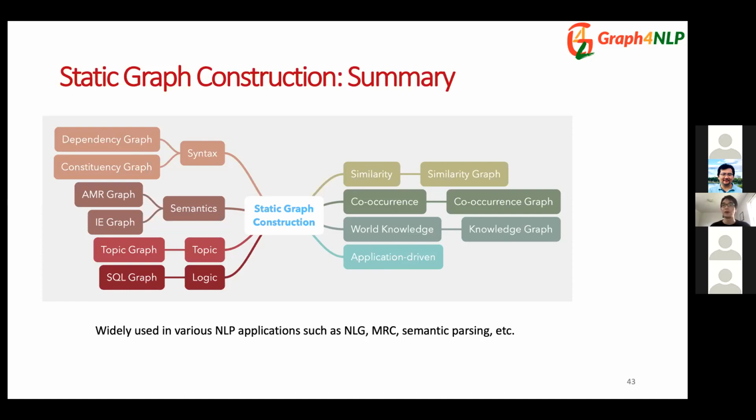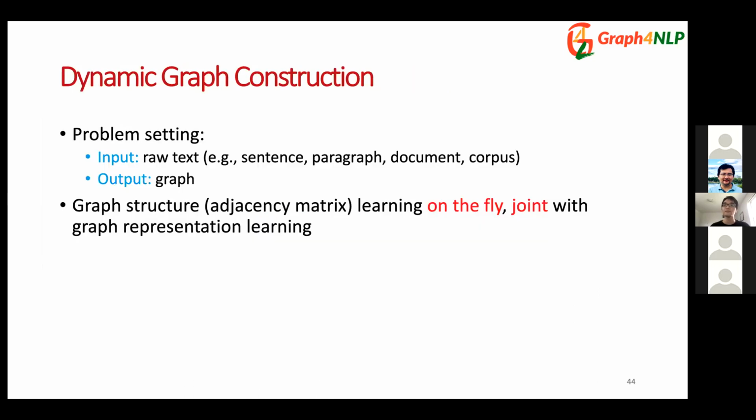For each type of domain knowledge, there are various types of graphs we can construct, which usually depend on the specific downstream application task. As we will see in the application part of this tutorial, these static graph construction approaches are widely used in various NLP applications, such as information extraction, machine reading comprehension, natural language generation, text clustering, and so on.